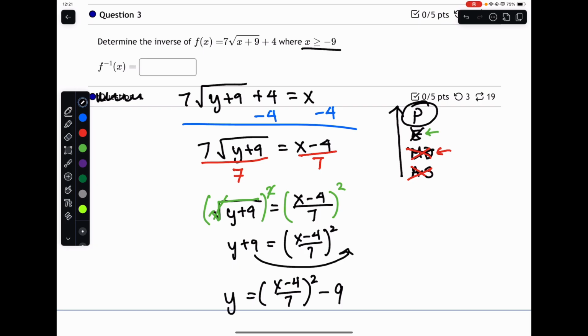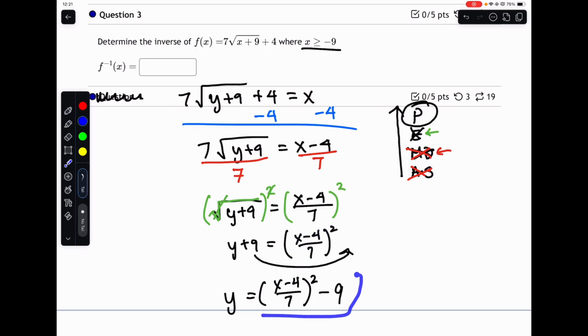And because our parentheses again is grouping all of this together, I can't put that 9 inside here because this is enclosed because of the square. So we couldn't do anything else inside there because of that square from this step right there.